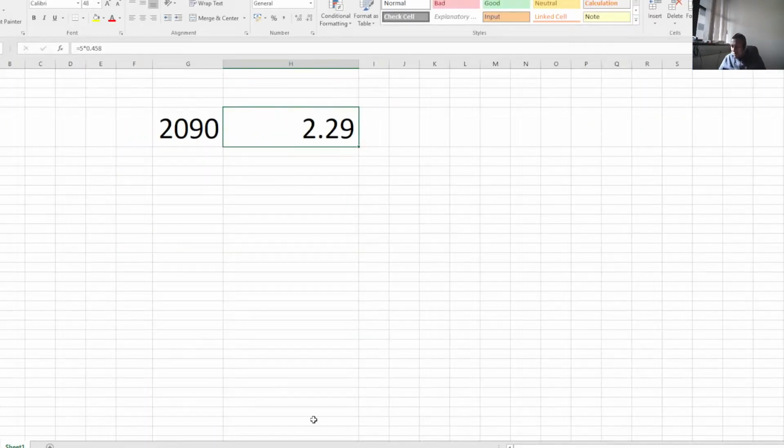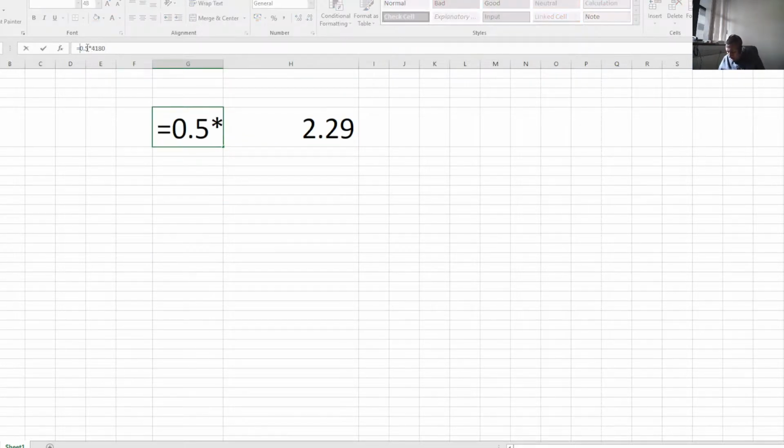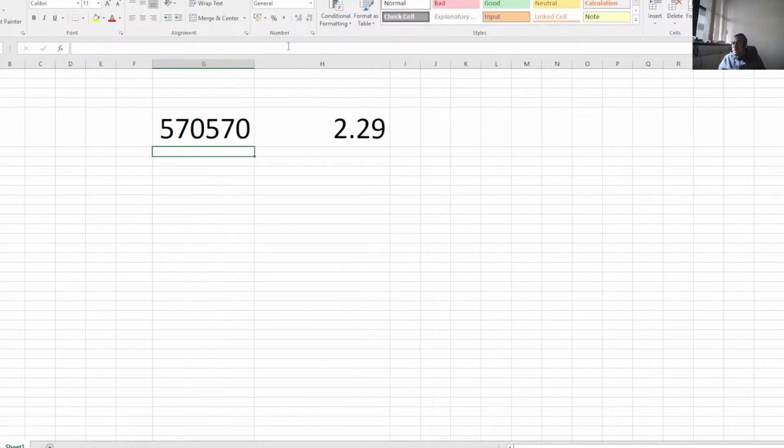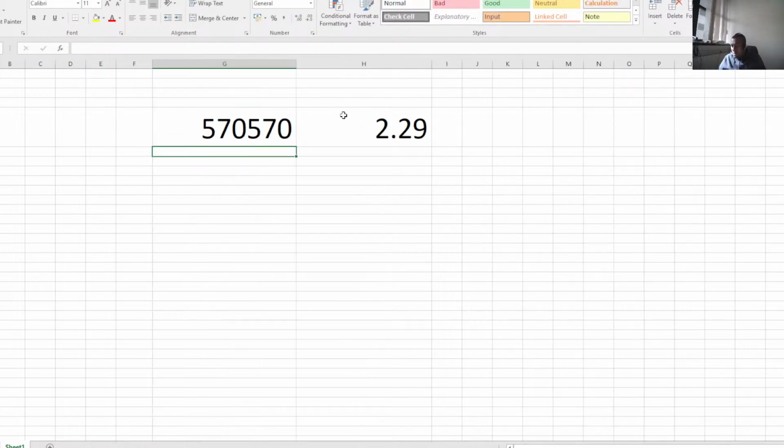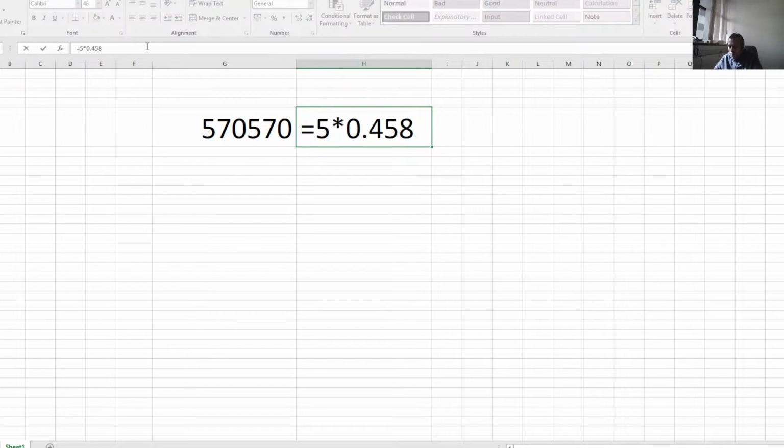2090, I'm going back to my Excel. This one times 273, that much is this much. I'm going to get 570,570 plus this one times 353. Enter.